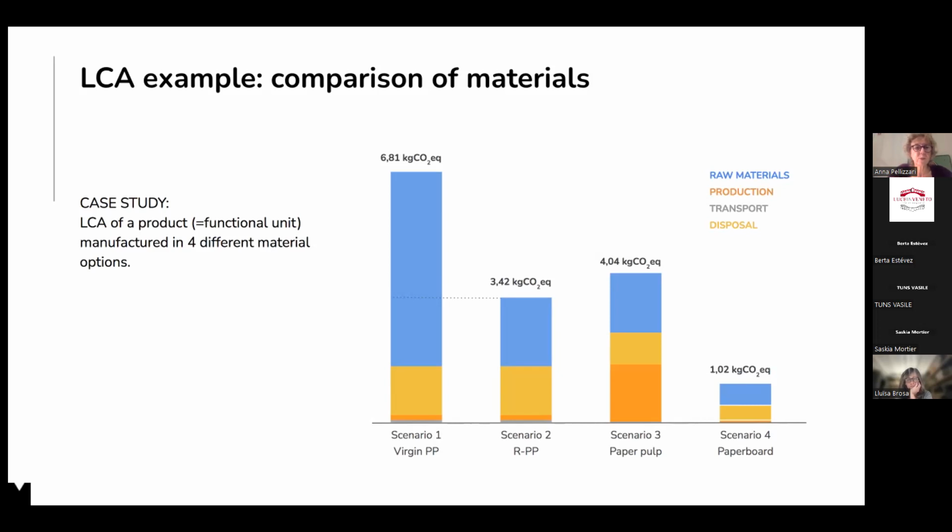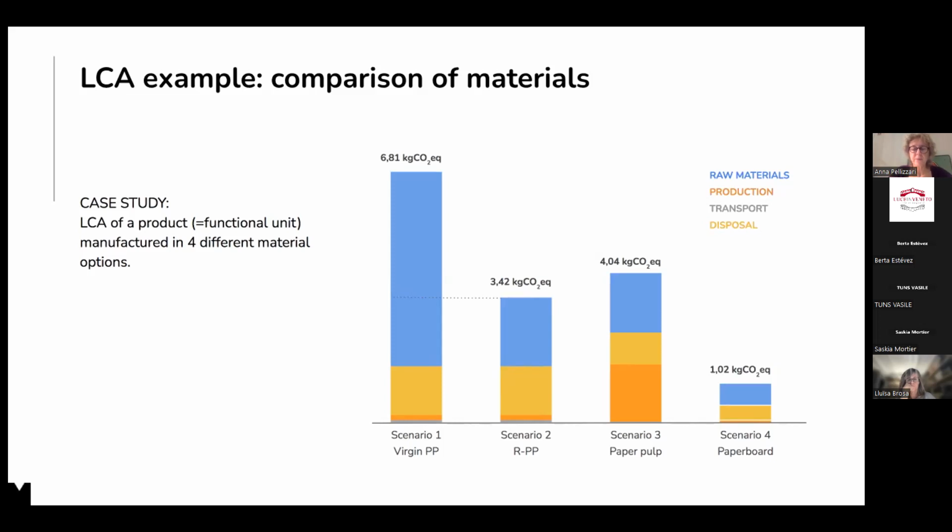In this case, we were talking about an object that could be made out of plastic or out of paper pulp or out of paperboard. So the different LCAs calculated different impacts on the same unit, on the same object, using different materials.